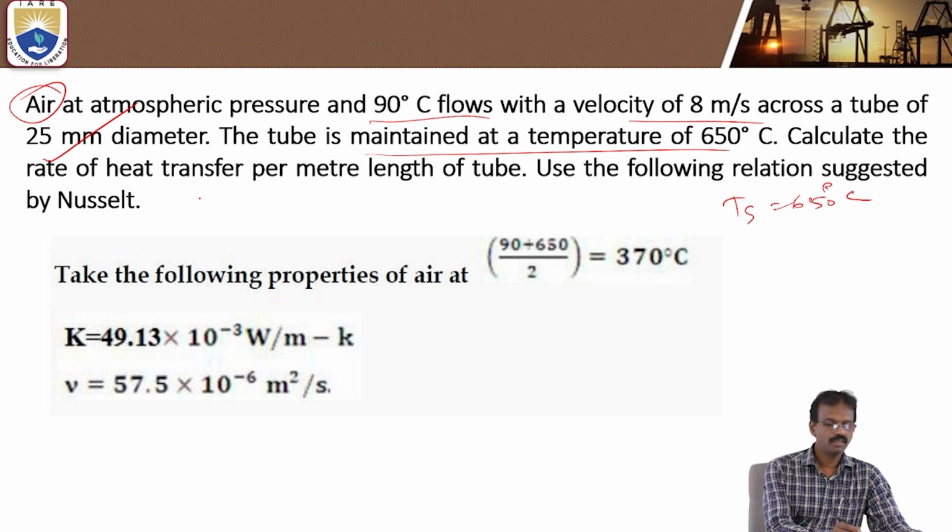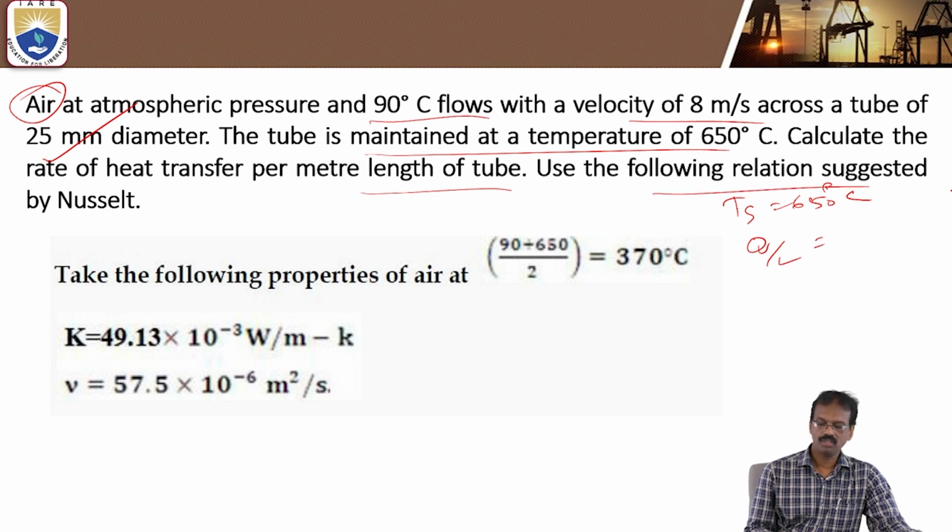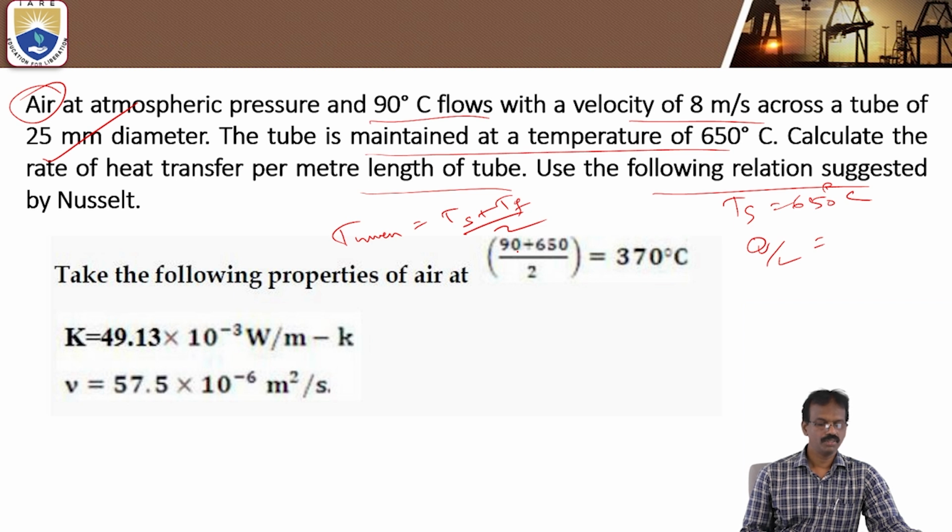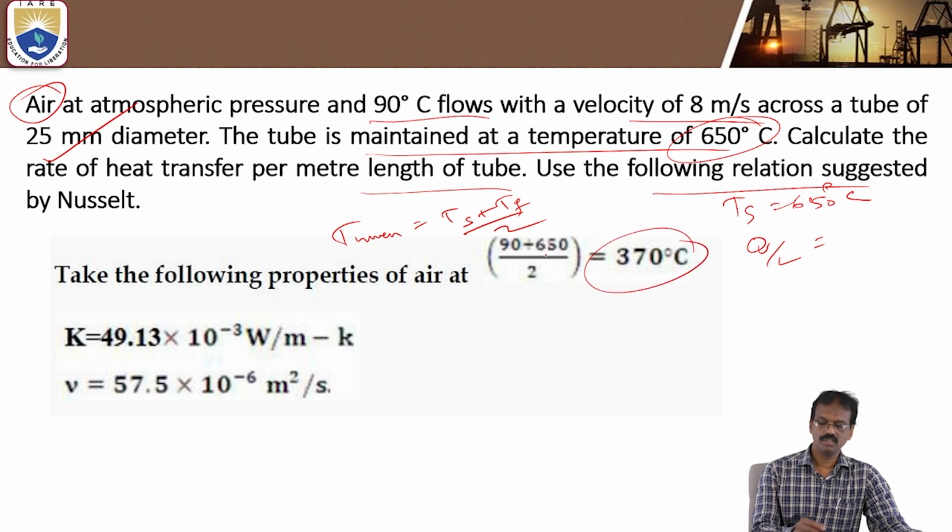To calculate the rate of heat transfer per meter length, you have to find out Q by L and use the following relation. First of all, you have to find T mean. T mean is equal to (Ts plus Tf) by 2. So 90 plus 650, the tube temperature, then 370.